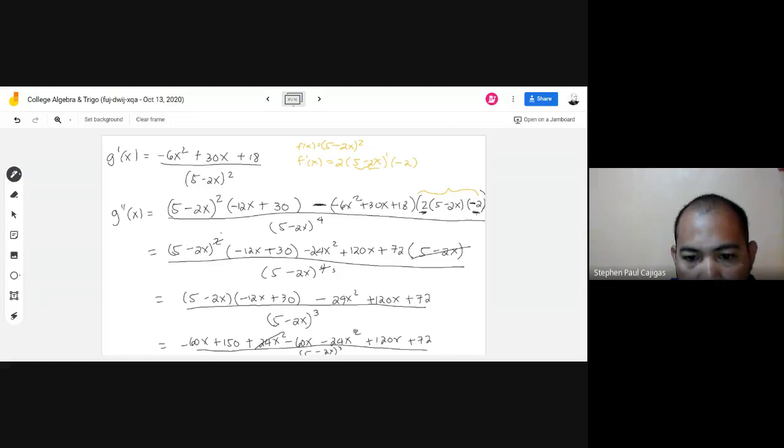So the 24x squared cancels, and negative 120x plus 120x also cancels. What remains is the constant 150 plus 72.